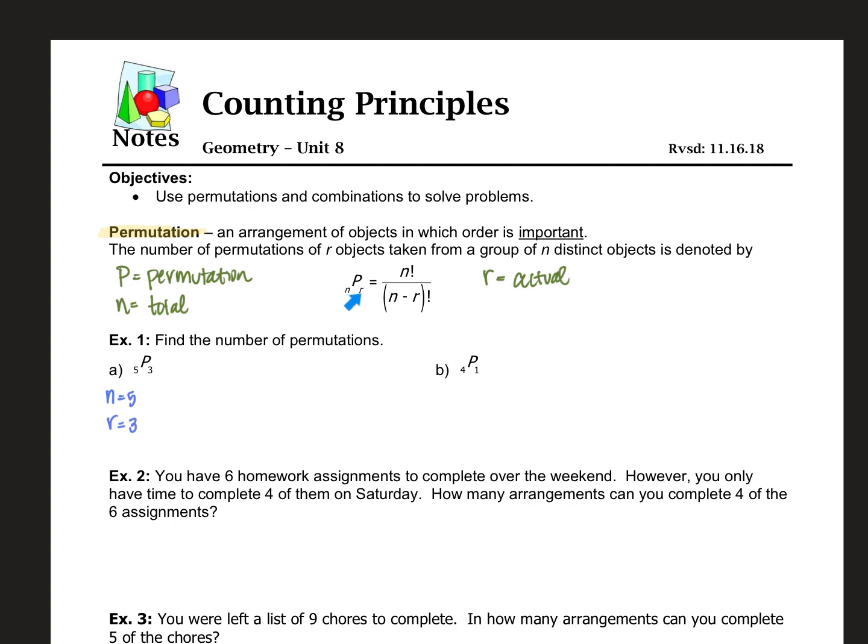Again, all I'm doing is utilizing this template set up by the formula, breaking apart and labeling for myself what everything is. Then I'm going to plug these values for n and r into this formula. So I will have 5 factorial over, in parentheses, 5 minus 3 factorial.